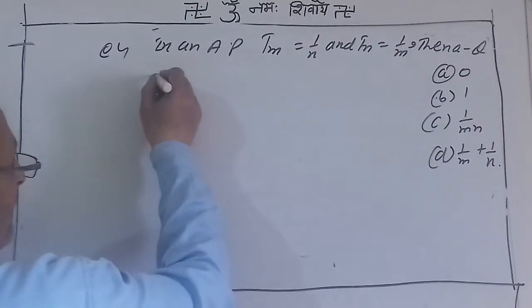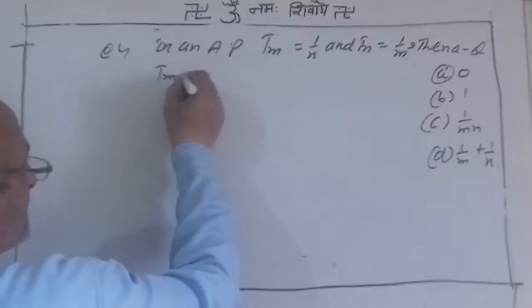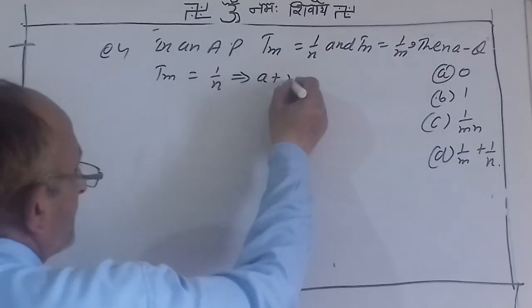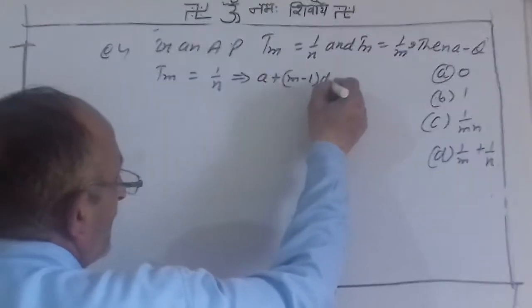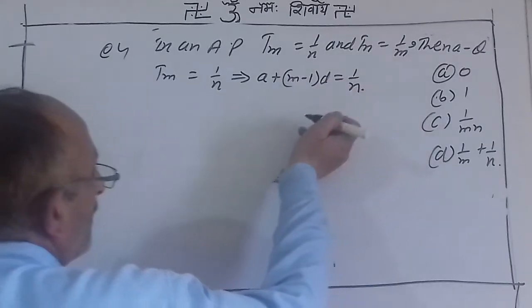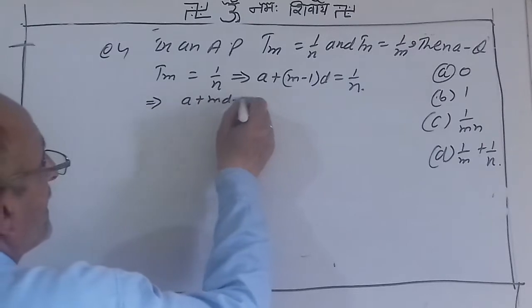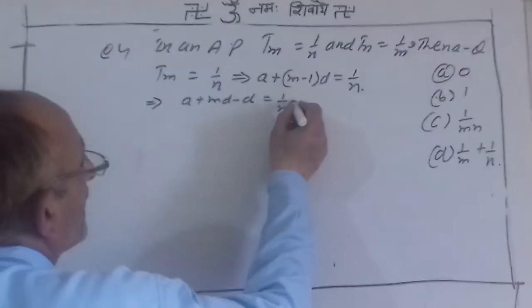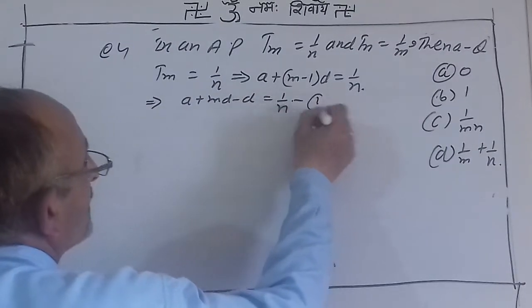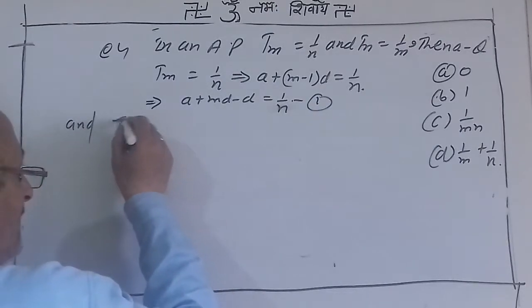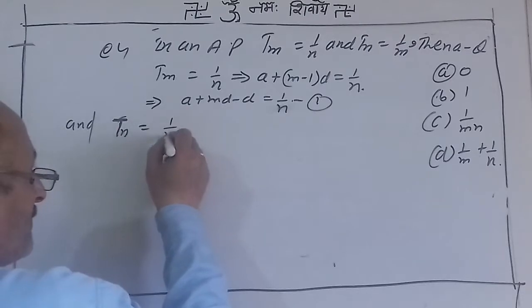In question number 4, Tm is equal to 1 by n. This implies the mth term, a plus m minus 1 into d, is equal to 1 by n. This implies a plus md minus d is equal to 1 by n. That is your first equation. And Tn is equal to 1 by m.